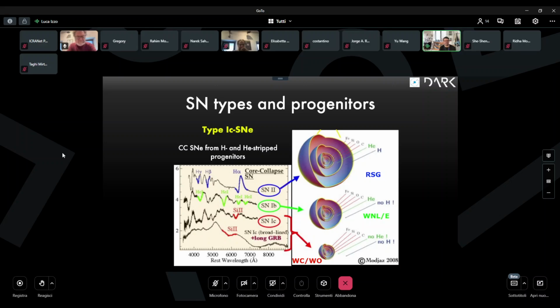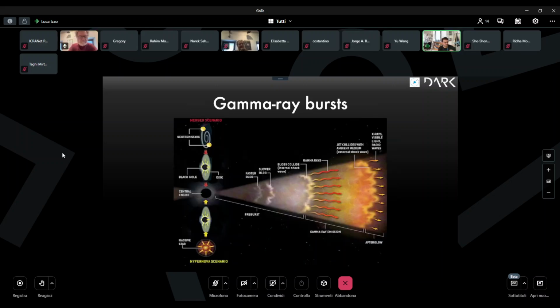And the main reason for the presence of these large velocities is the presence of an additional central engine in addition to the canonical neutrino heating mechanism. There is another engine, called a central engine, that is powering the emission of these supernovae.